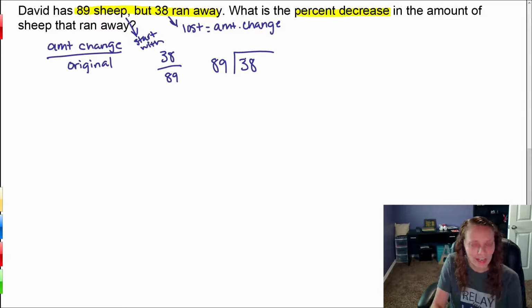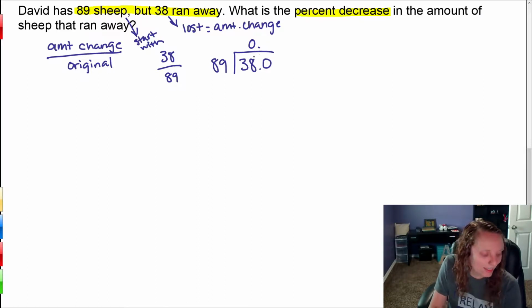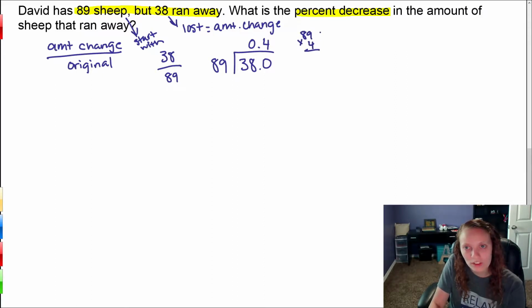Okay, 89 does not go into 38, so add a 0, a decimal, and then a 0 inside. 89 goes into 380 4 times. Let's do 89 times 4. 32 plus 3 is 35. So let's subtract 356.